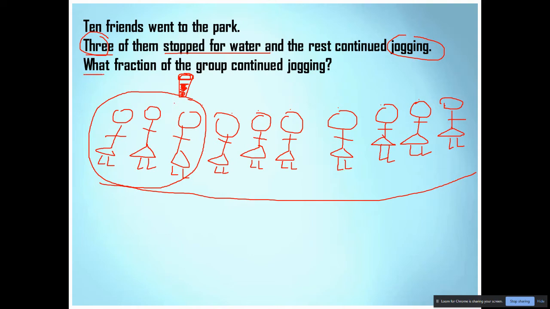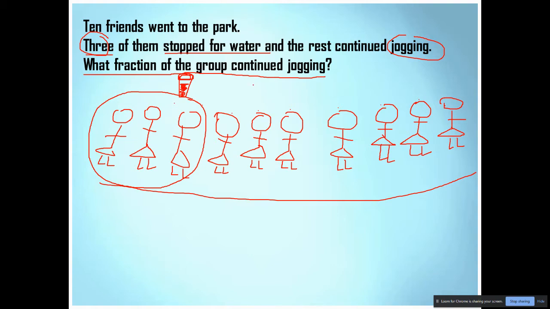Now, the problem is, what fraction of the group continued jogging? That means we are going to write down the ratio in fraction form. The number of girls who continued jogging.